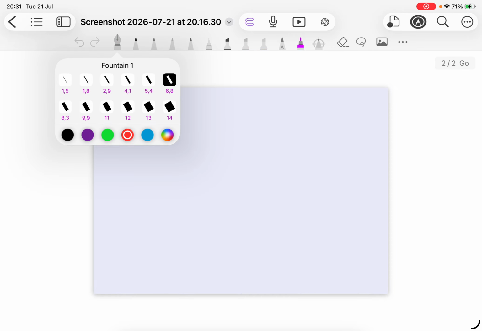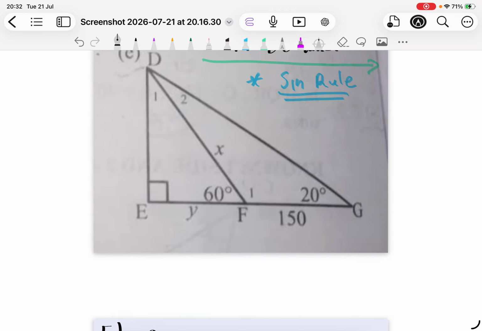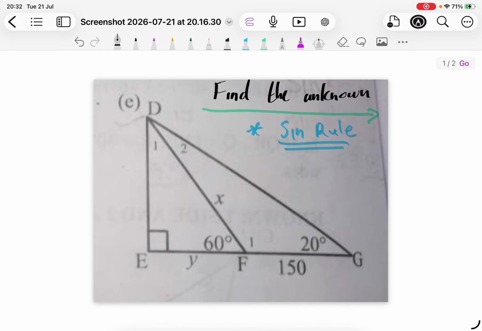I can just simply go to my answer sheet. So this is question E, right? I could say E, and then the first thing that I'll be calculating is D1, right? So in order for me to find the value of D1, I'm using some angles of a triangle. The triangle that I'm looking at is D, E, F, right?